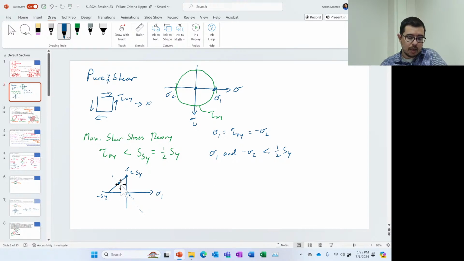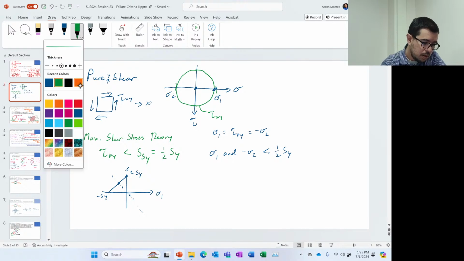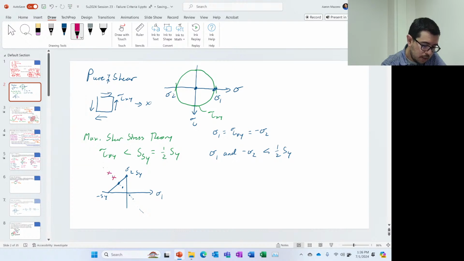Can you see that? If I continue on this line, this is a line of failure. So the intersection of the pure shear line and this border represents the threshold for which we won't have failure.